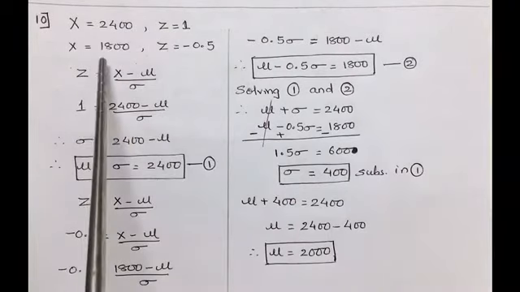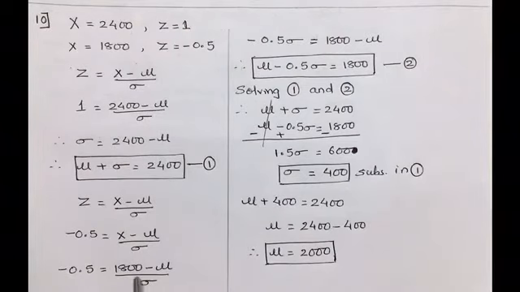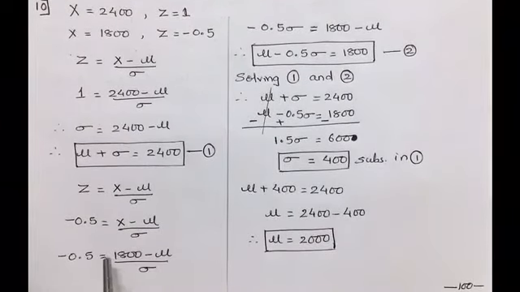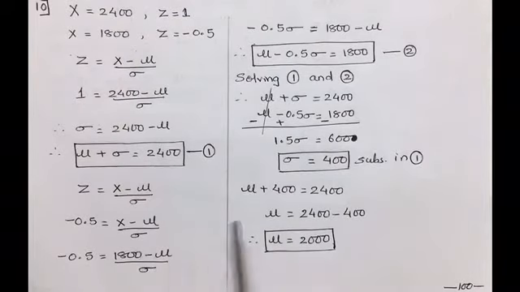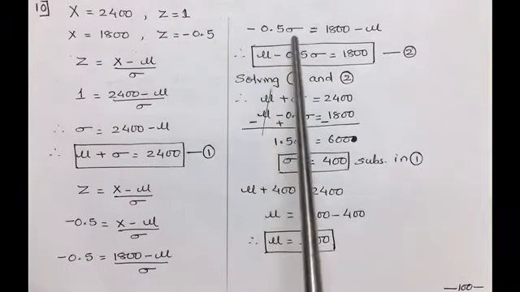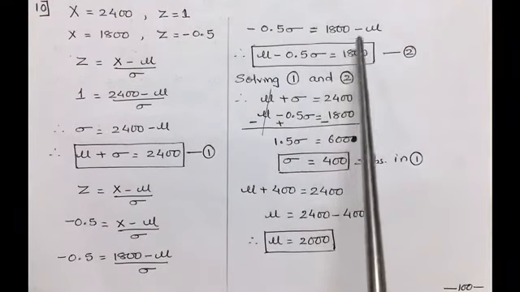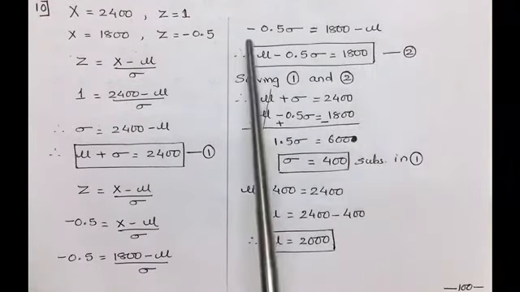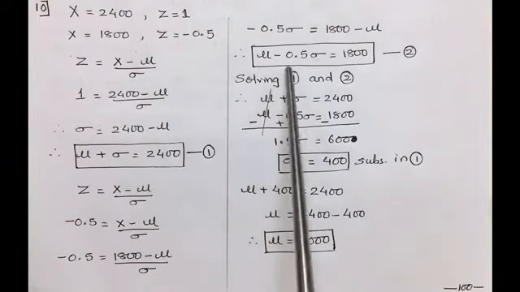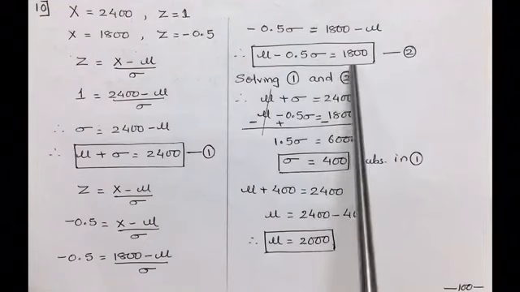Now by taking the second value of X and Z as 1800 and minus 0.5, keeping in this formula Z is equal to X minus mu upon sigma, placing the value of Z as minus 0.5, X as 1800, taking sigma the other side, we'll get minus 0.5 sigma is equal to 1800 minus mu, shifting minus mu the other side becomes mu minus 0.5 sigma is equal to 1800.